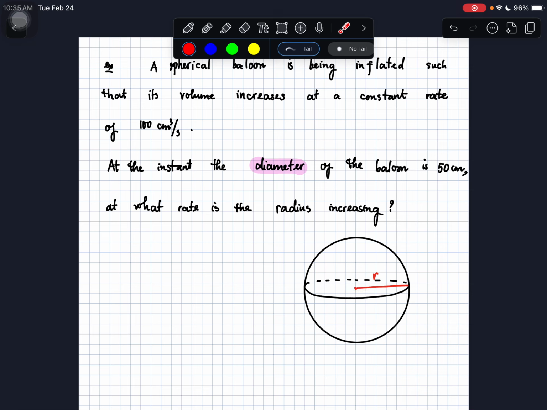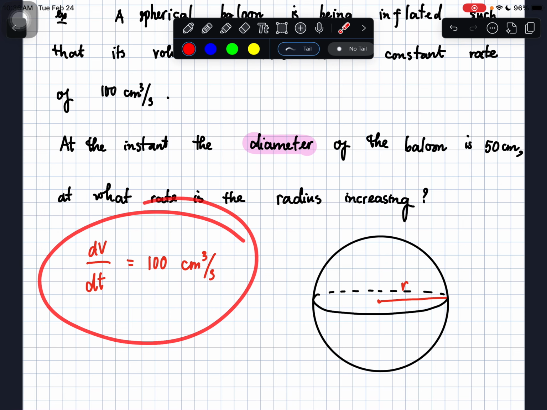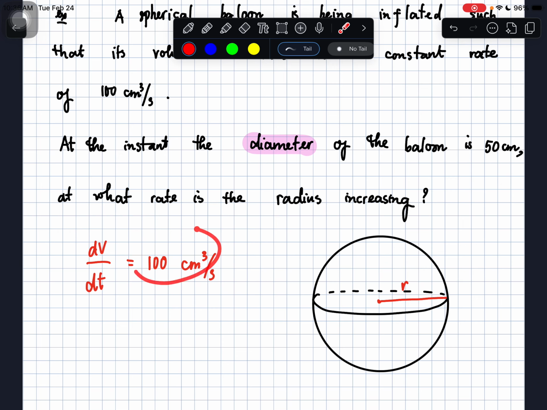And in this case, they said the volume is increasing at a constant rate. That means dV over dt, the rate that the volume is increasing over time, is 100 cm³ per second. So that one is fixed. It is always, at any time, 100.